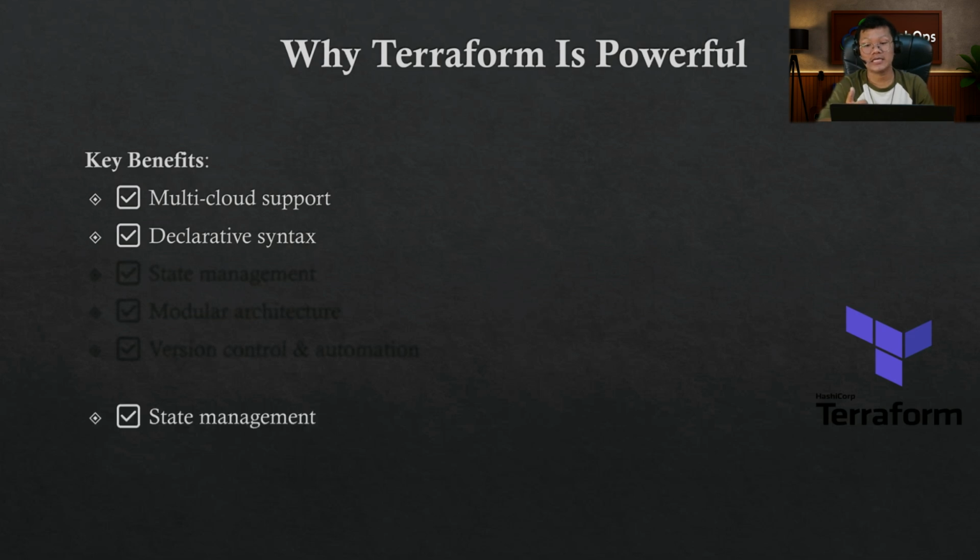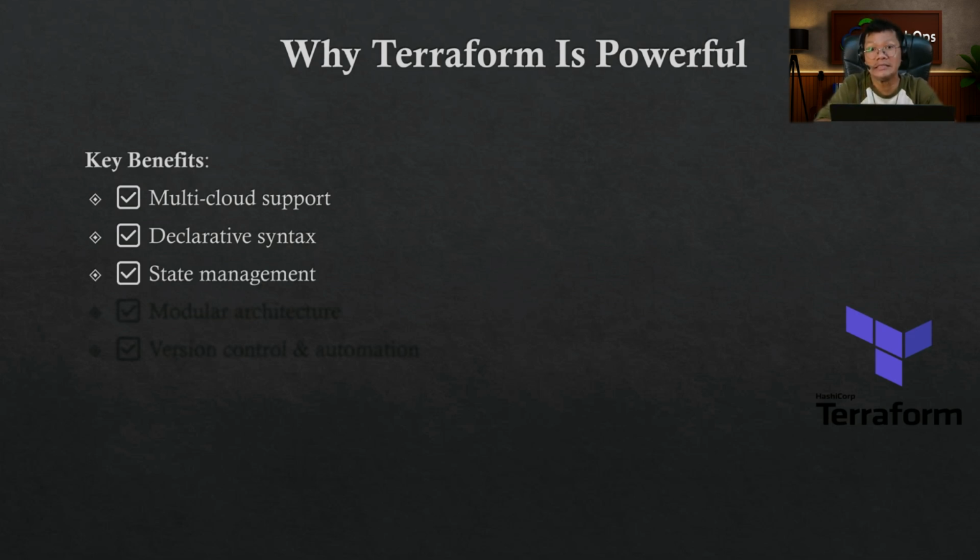Okay, now the next one is state management. State management is so crucial in DevOps practice. What is state management? Terraform has something known as the state file. That means whatever infrastructure you are going to build or manage, everything is stored in your state file. Now, why is it important?